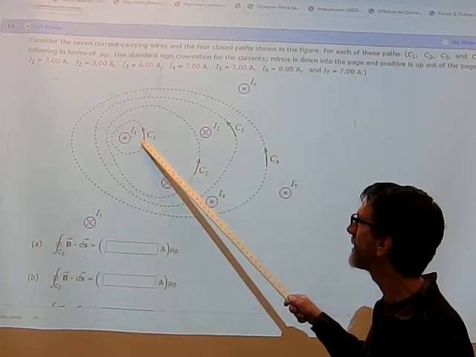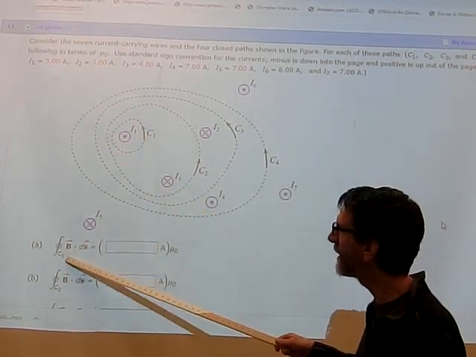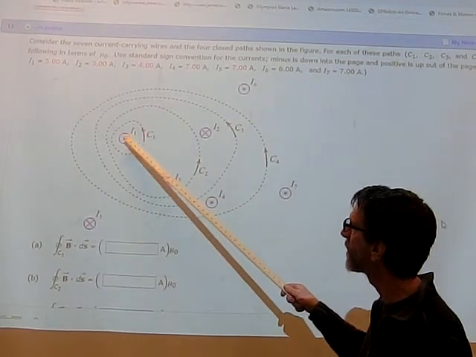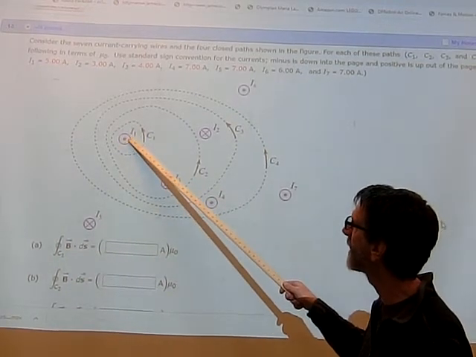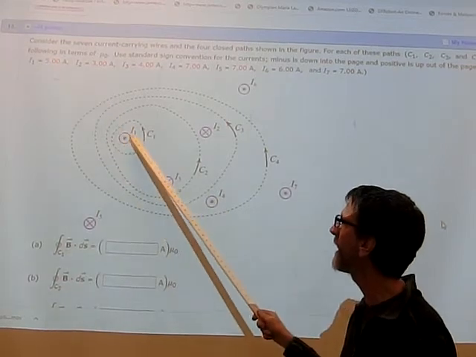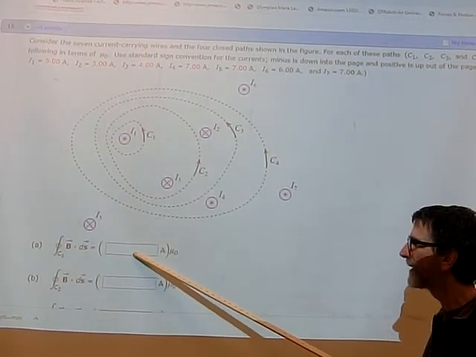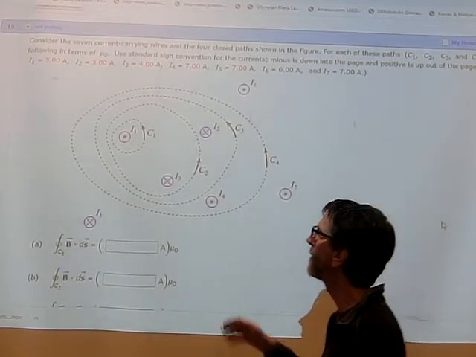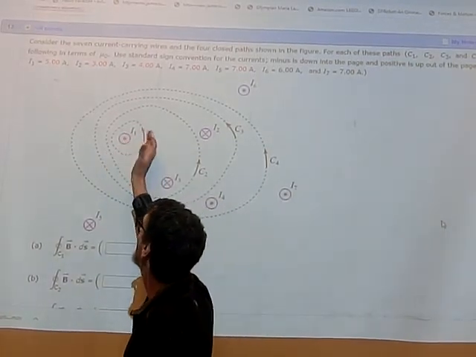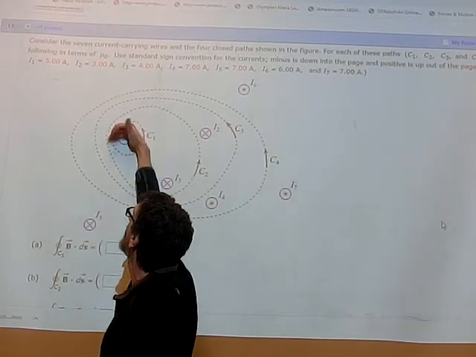So if you look, for instance, for loop C1, you could see there's just one current inside, the current I1, which in my case is 5 amps coming out. So you would just put 5 amps here. But note, it's only 5 amps there because the current has a circular field that goes around it.